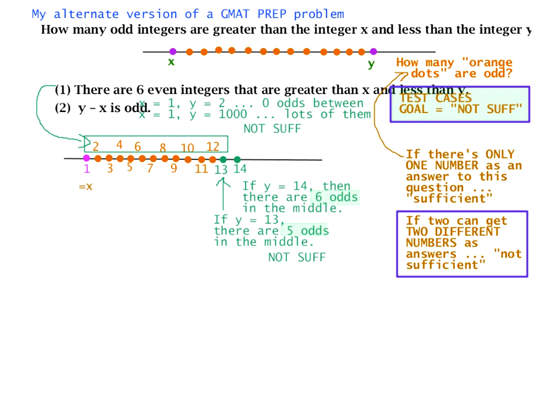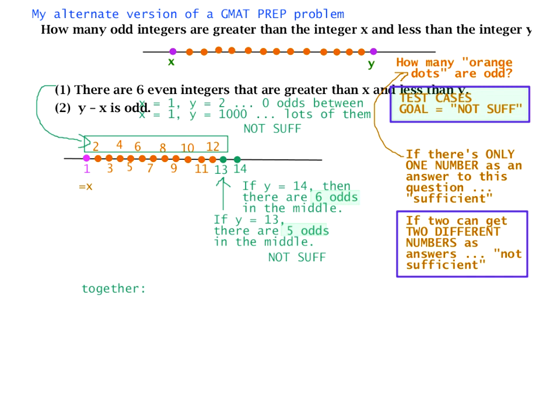Okay, let's see. So together, we can piggyback on this. How can we do that? Well, y minus x is odd. So how are we going to get that to work?